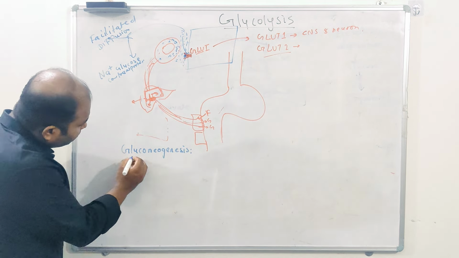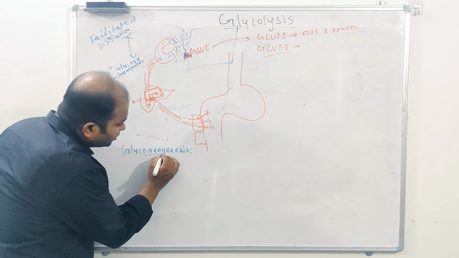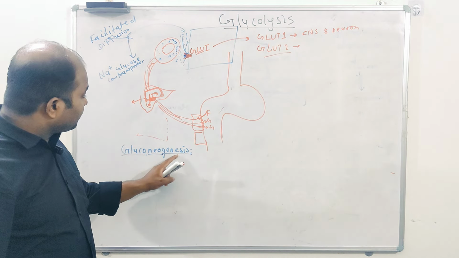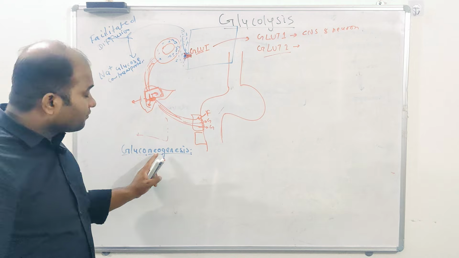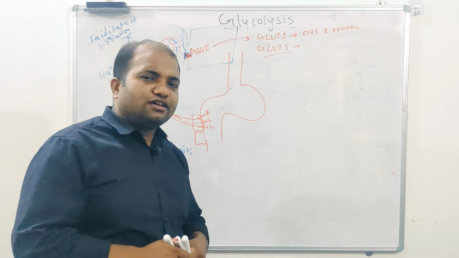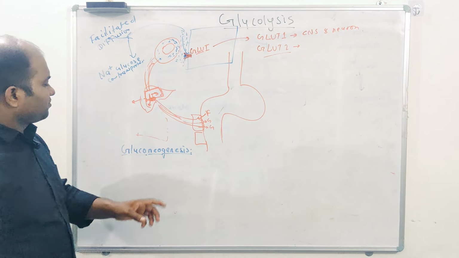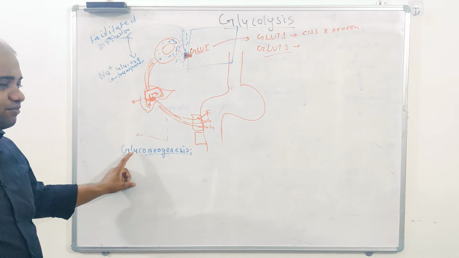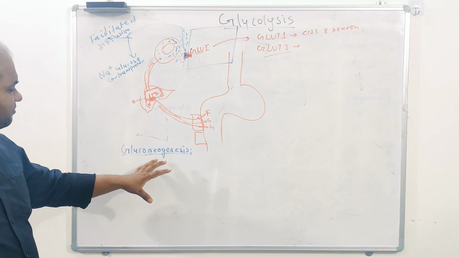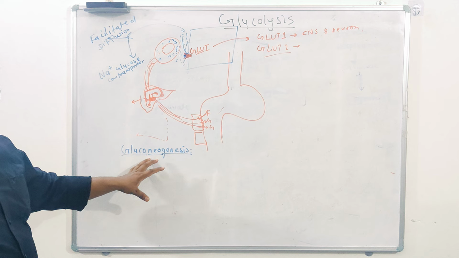So, what is it? Neo means new, genesis means formation. Formation of glucose from a non-carbohydrate source. In a simple way of defining, some books will write formation of glucose from fats, right? But if you want to say it in simple terms, it's not only fat.